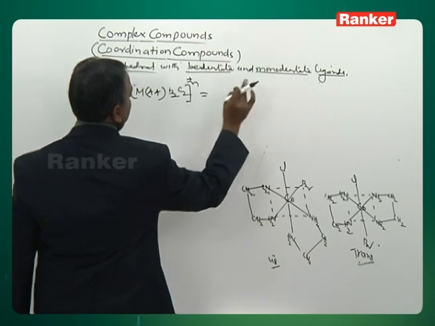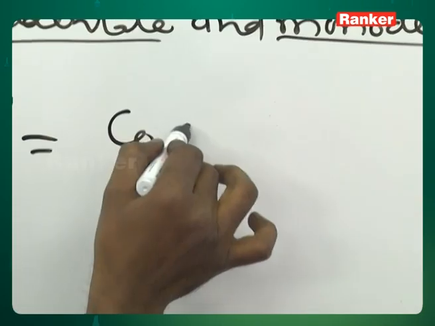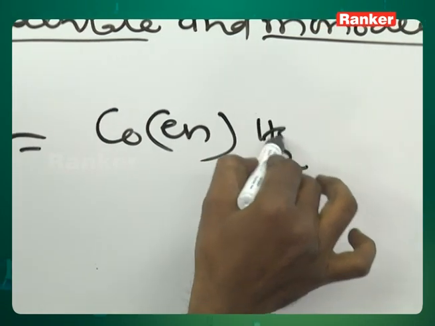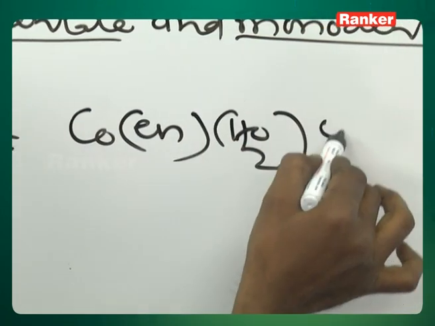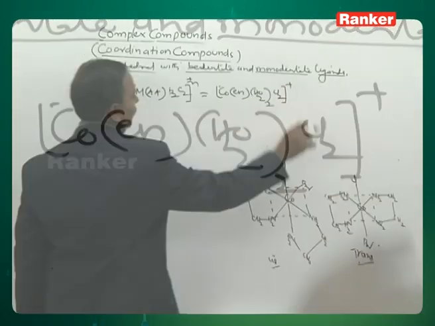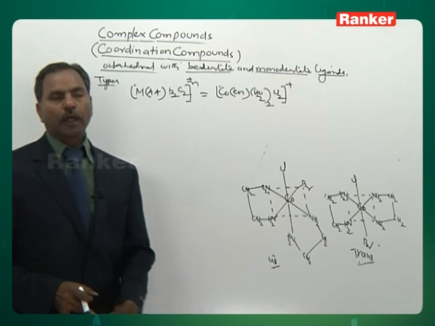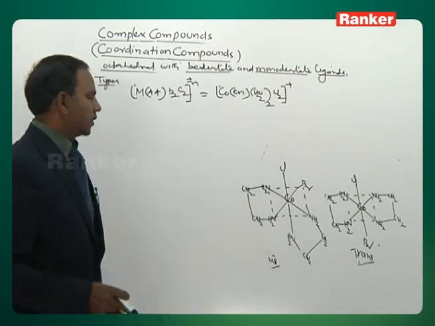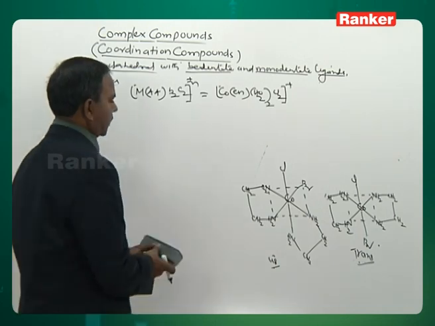Take one bidentate ligand, right? Co(en), let me say two aqua ligands, two chloro ligands. Then this is the complex. How to write the geometric isomers of this particular complex? Let us see now.